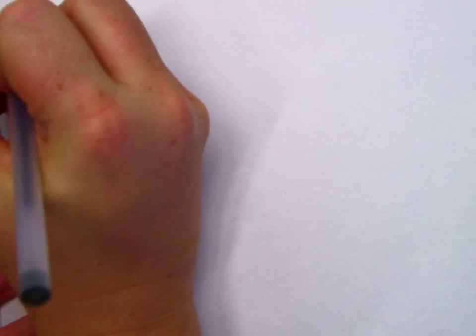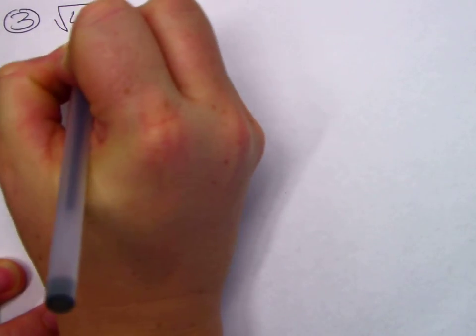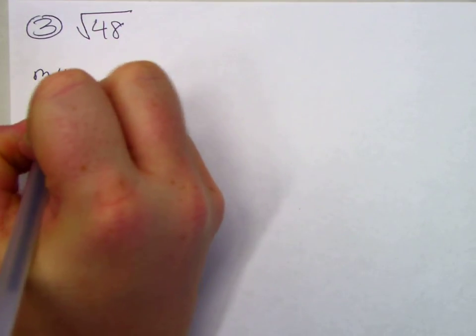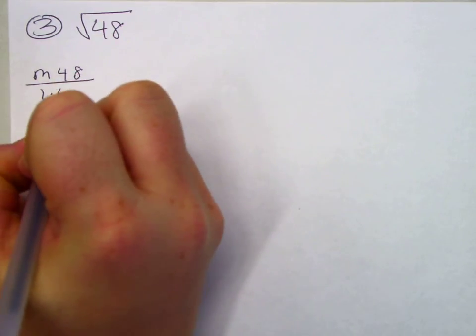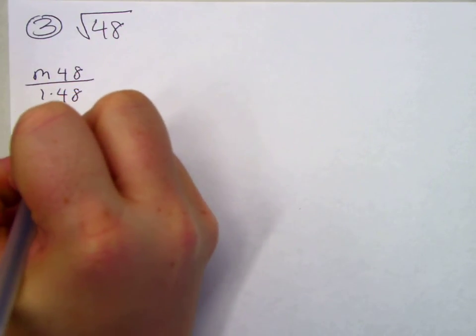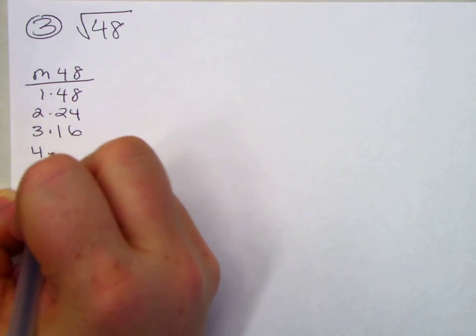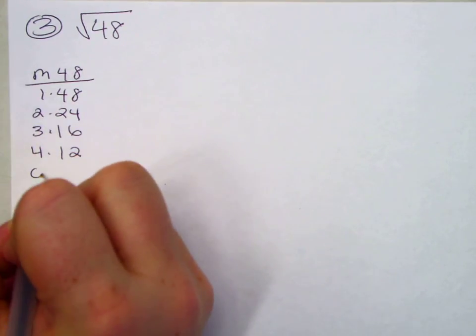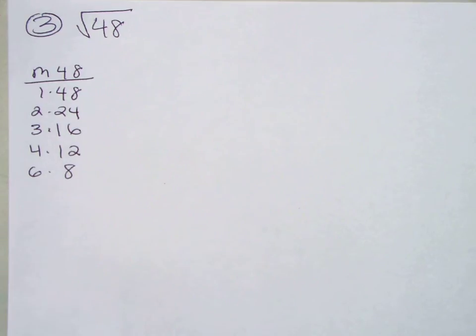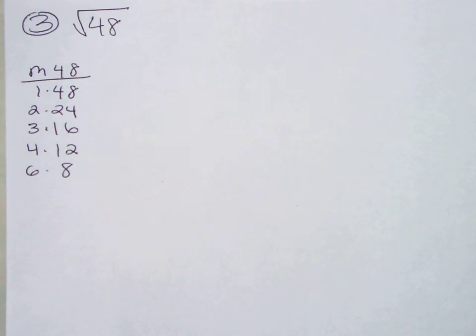All right, number 3. Try the next one on your own. Radical 48. Okay? So take a minute, pause the video. So we're multiplying to 48. 1 times 48, 2 times 24, 3 times 16, 4 times 12, 6 times 8. Now, circle every perfect square you see.